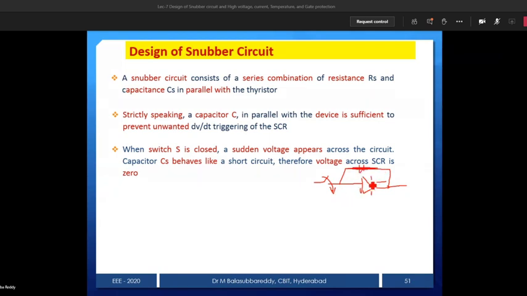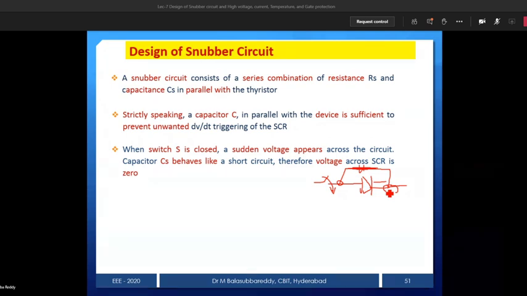Once it is a short circuit, that voltage is 0 or very small, and that is what is applied across the device. Therefore we are not getting any voltage beyond the dv by dt limit. It is very little voltage, or you can say 0 voltage.